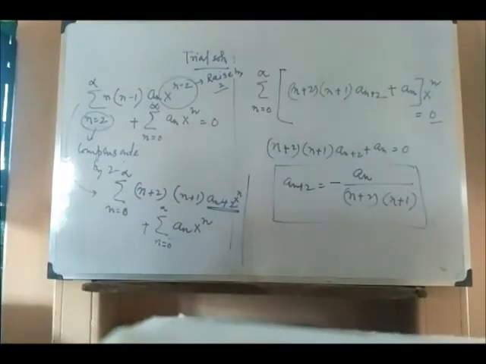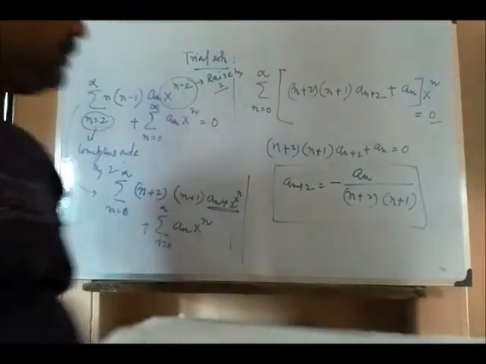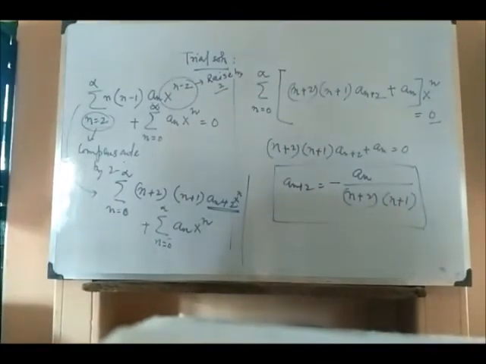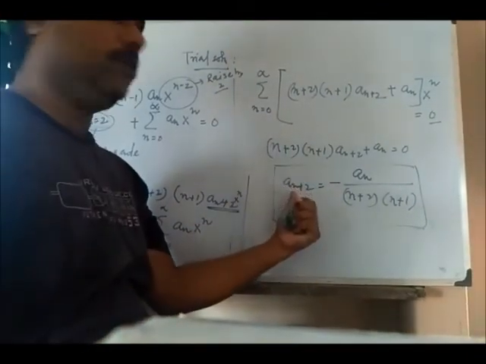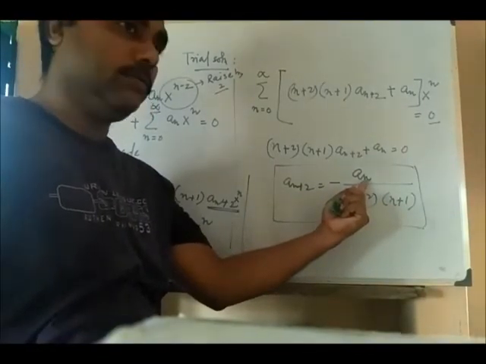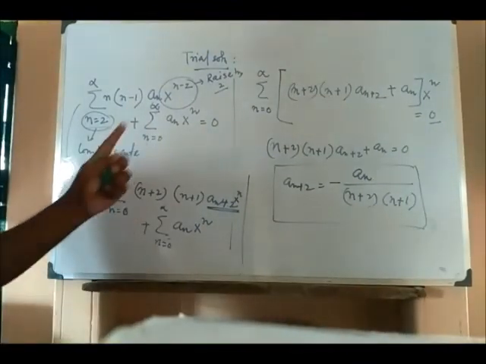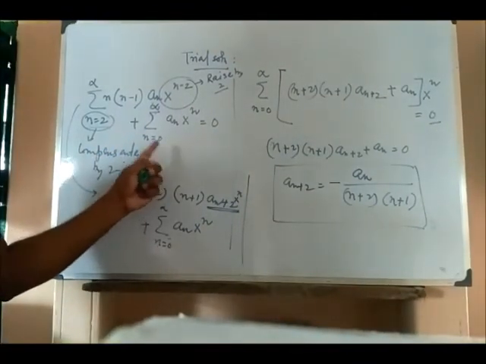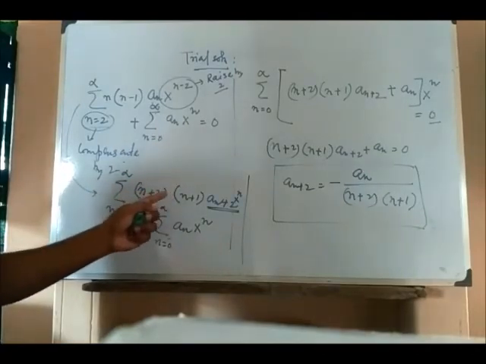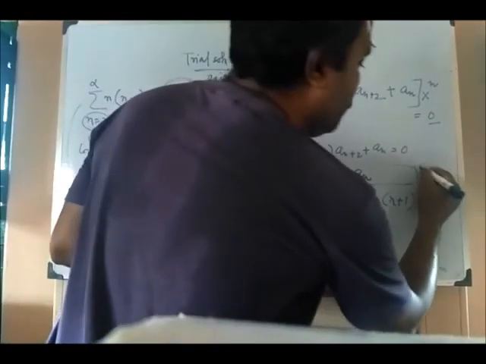Now, as this is the sum of the power series, n runs from 0 to infinity, and as you put n equal to 0 here, you also get a term a_0. So for a good approximation, when I am using that power series, I have to assume that a_0 is not equal to 0.